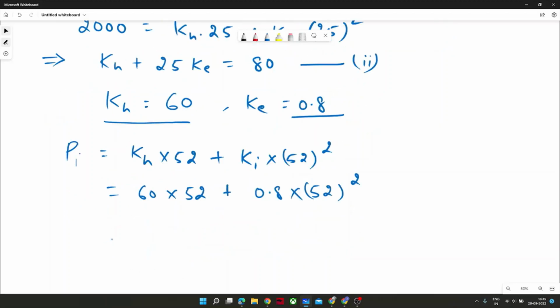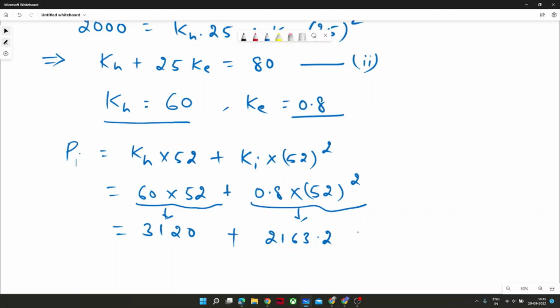After solving, you will get a hysteresis loss component of 3120, and the eddy loss would come out to be 2163.2 watt.